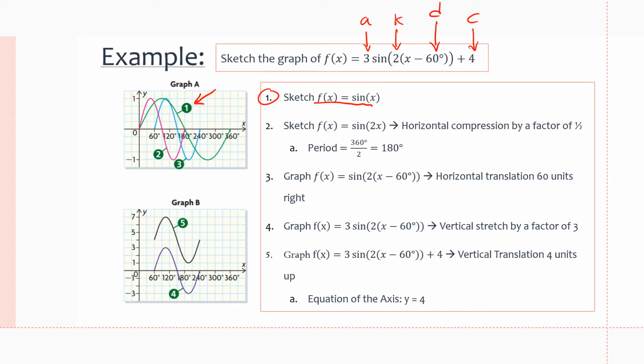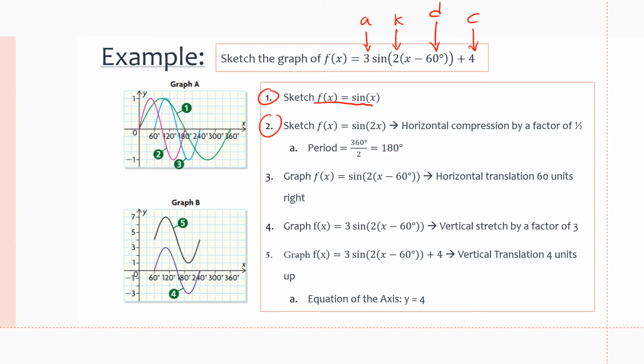Of course, again, we're starting at 0, we're going up to 1 at 90 degrees, we're going back down to 0 at 180 degrees, down to -1 at 270 degrees, back up to 0 at 360 degrees. Okay, so we want to just sketch out that first original graph and go from there.